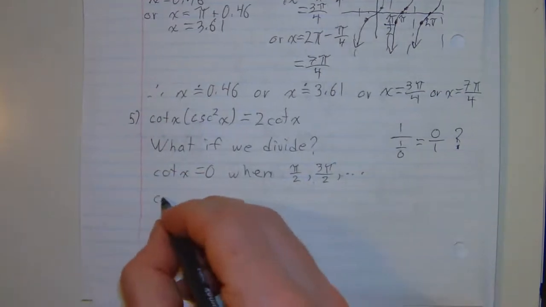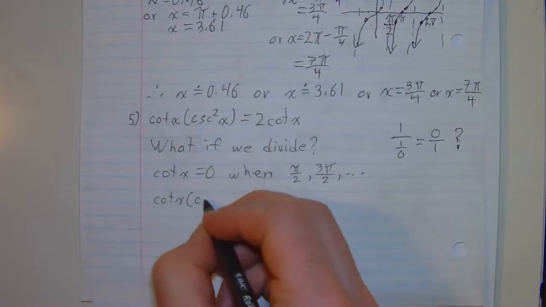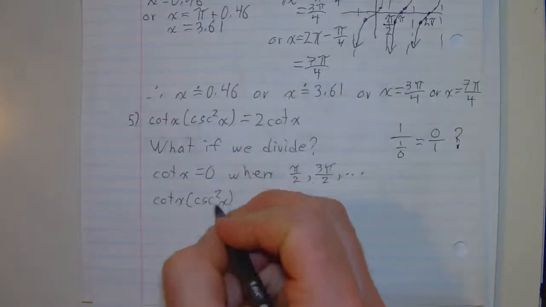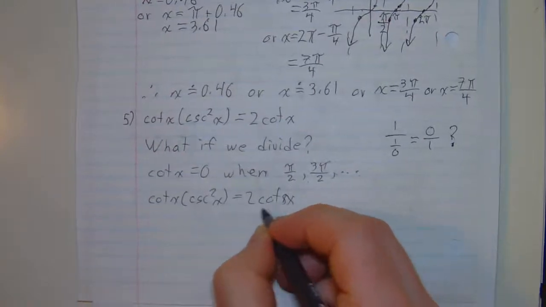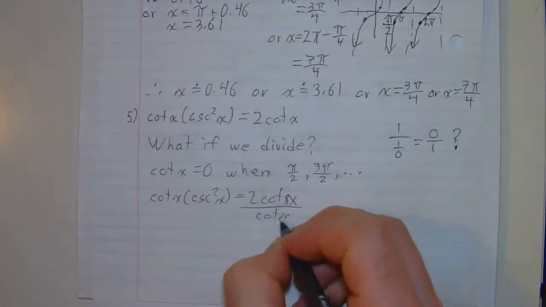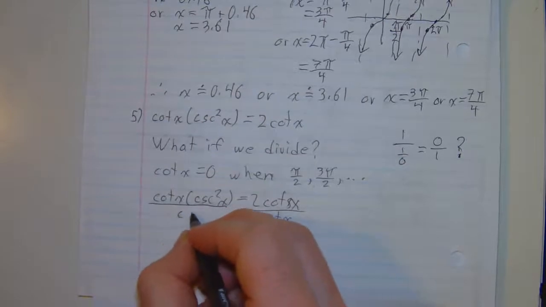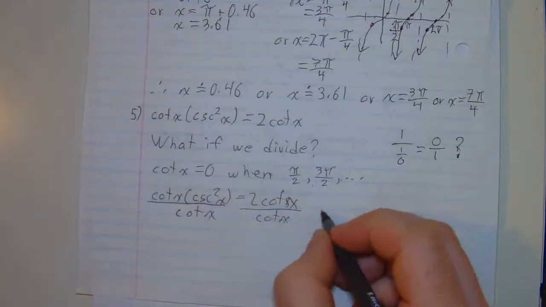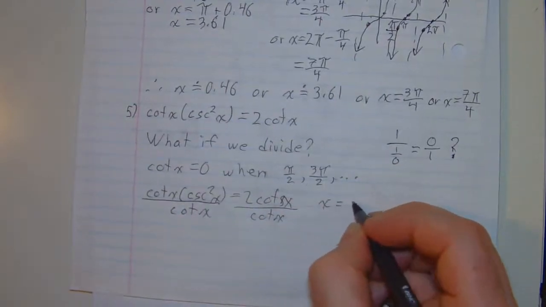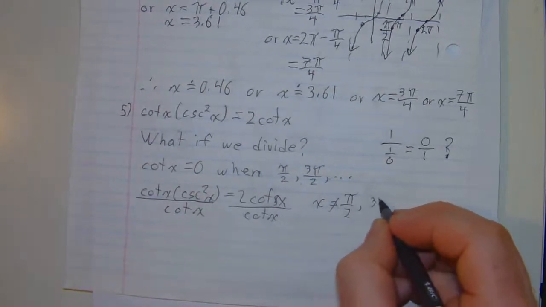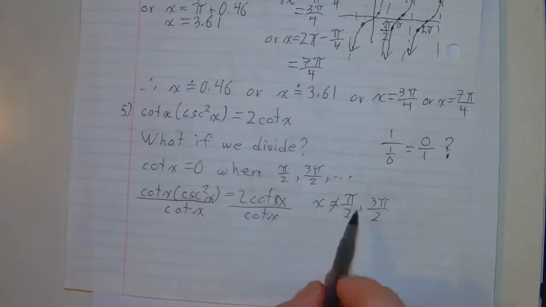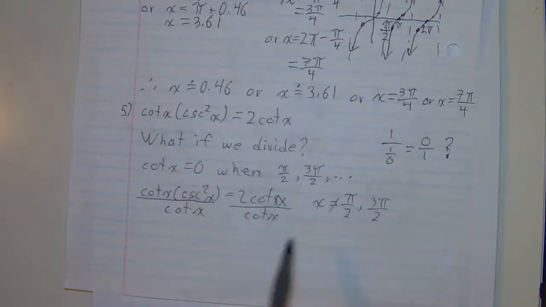So that means if we do cotangent x times cosecant squared x equals 2 cotangent x, and we divide both sides by cotangent x, we are immediately eliminating x equals pi by 2 and x equals 3 pi by 2.